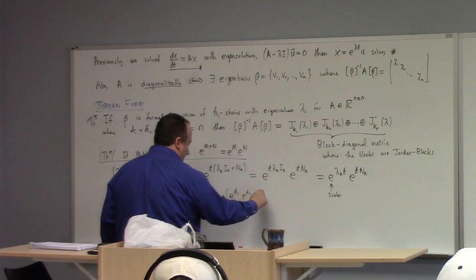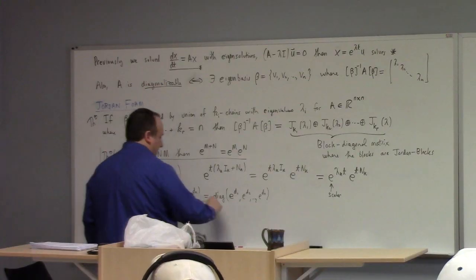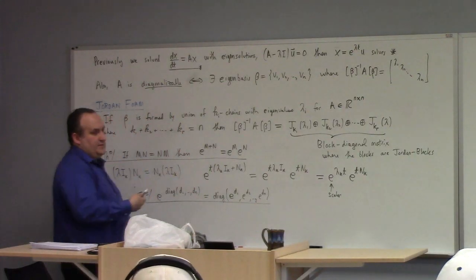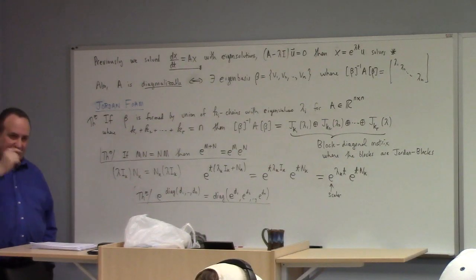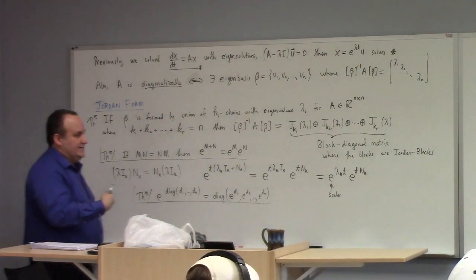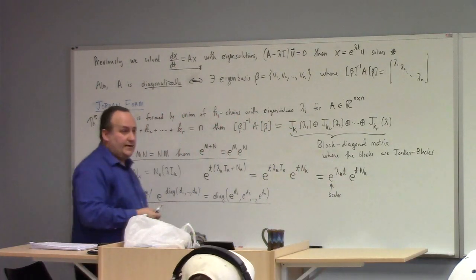I don't need the t here necessarily. Maybe I'll work that out for you guys next time. Let me just state it. But what that implies is that if I have the matrix exponential of lambda times the identity, that simplifies simply to this scalar exponential. All right?